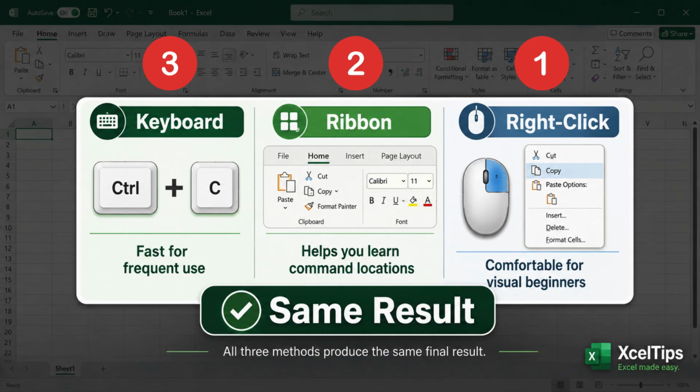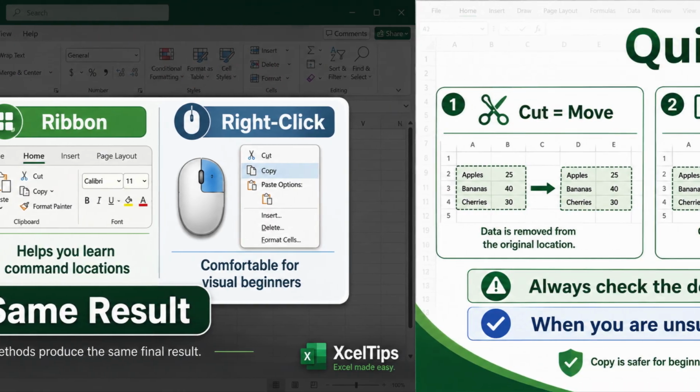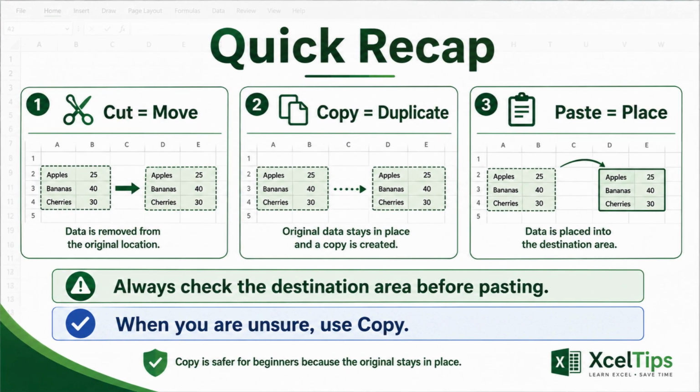Choose the method that feels most natural for your current task. Quick recap. Use cut to move data, copy to duplicate it, and paste to place it in the new location. Always check the destination area before pasting, and use copy when you are unsure.